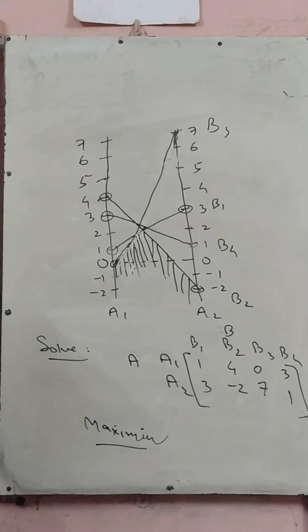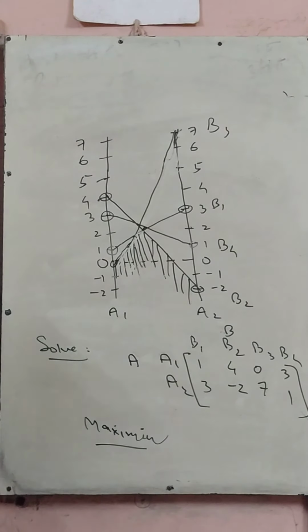So B3 and B4 are not ultimately giving any effect on the value of the game. So they are dominated. But this is not the dominance principle we have learned, the algebraic concept. In the graphical method, when you are learning the graphical idea, these two are dominated.